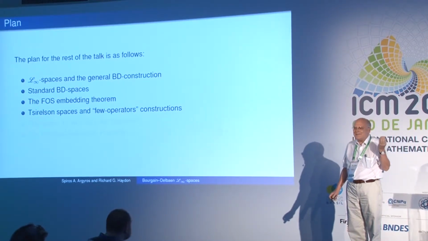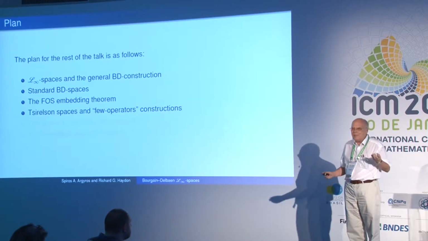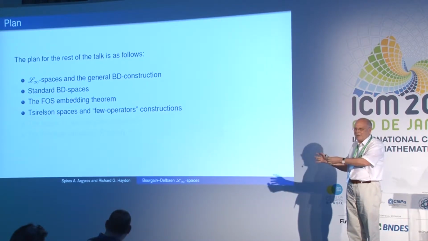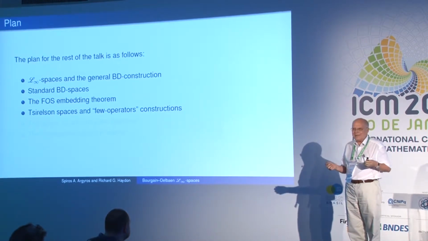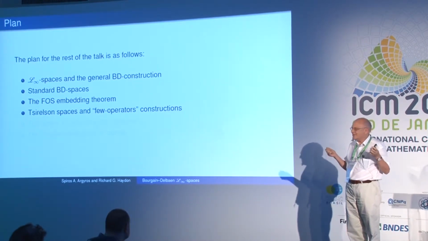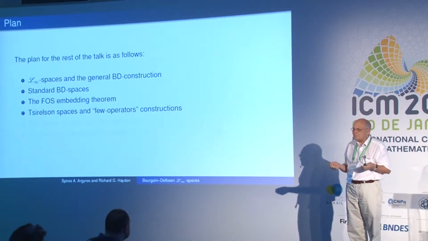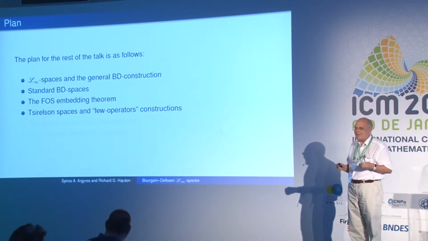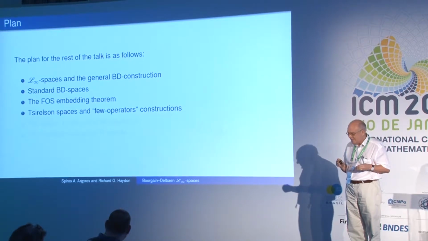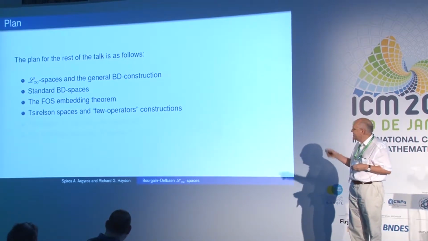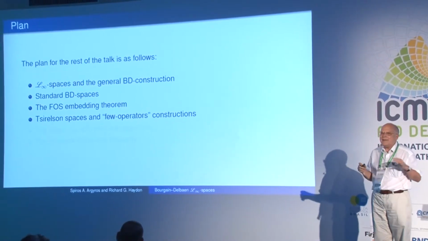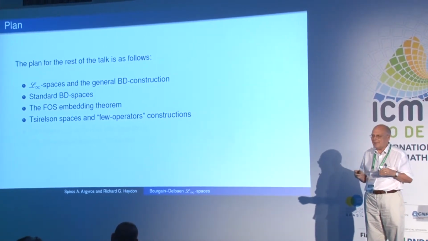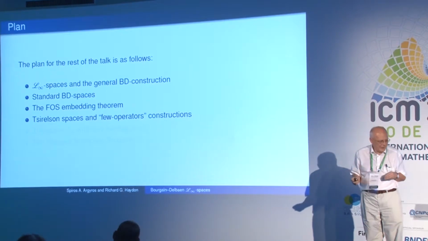So then, I've said that our construction builds upon two things. One was Bourgain and Delbaen, and the other was all the material that went into Gowers' counterexamples and the Gowers-Maurey theory. So I've got to say something about that to see how it's going to fit in. So that will mean talking about Tsirelson spaces, and I say few operators constructions. That's a quick way of talking about the Gowers-Maurey theory.